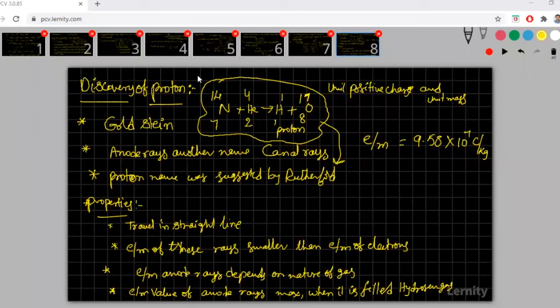Proton has unit positive charge and unit mass. The E by M value for proton is 9.58 into 10 power 7 coulomb by kg. And when nitrogen 7, 14 is bombarded with helium particles, a proton is generated. This bombardment was carried out by Rutherford.